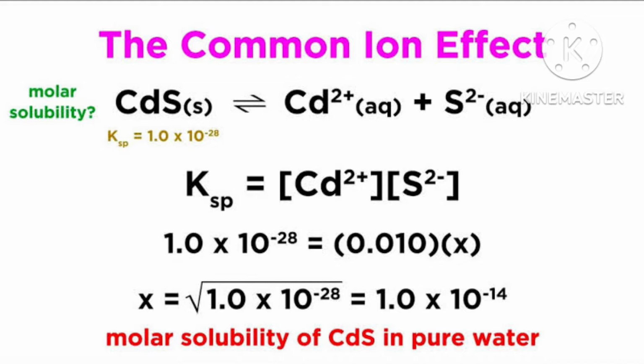As for example, barium sulfate: Ba2+ and SO4 2- are there in the solution. Then if you add sulfate ion from outside, what will happen? That sulfate ion and barium ion both will react in the solution, and barium sulfate will precipitate out, because now they are not in equilibrium due to the sulfate ion which you have added from outside.